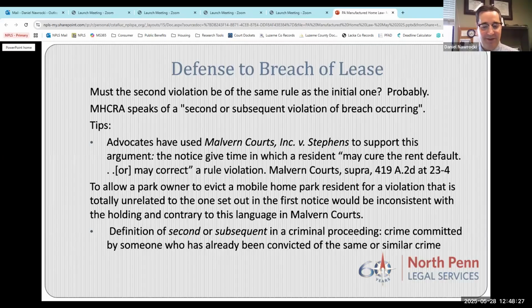If somebody were to correct and fix up their entire yard, but they didn't put on the proper siding, or get rid of unauthorized persons or vehicles or whatever, there is no more opportunity to cure. That effectively removes that opportunity to cure.